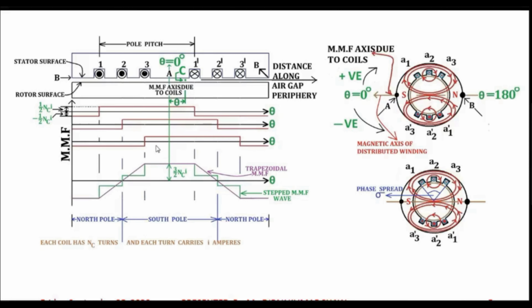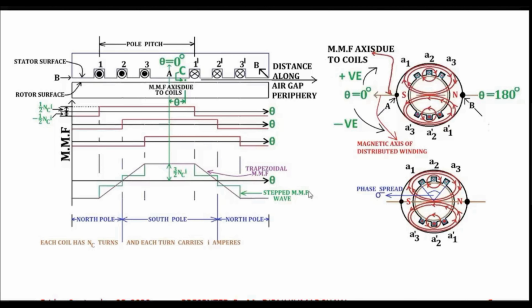Now, since all three coils are carrying current simultaneously, we need to simply add the ordinate, that is the y-axis value, for the MMF due to each of the three coils. That means we will add the MMF due to coil 1 dash, coil 2 dash, and coil 3 dash. So we will end up with this kind of MMF distribution, which is known as stepped MMF waveform distribution.